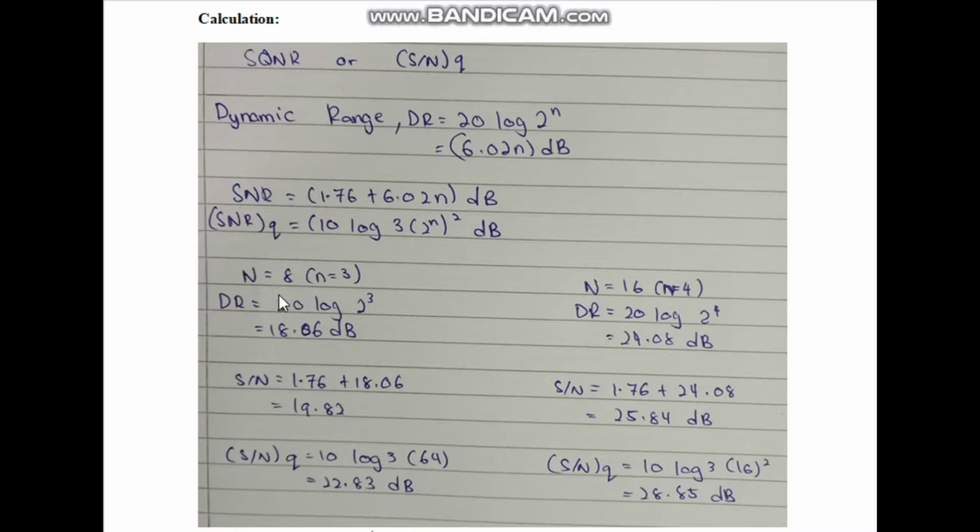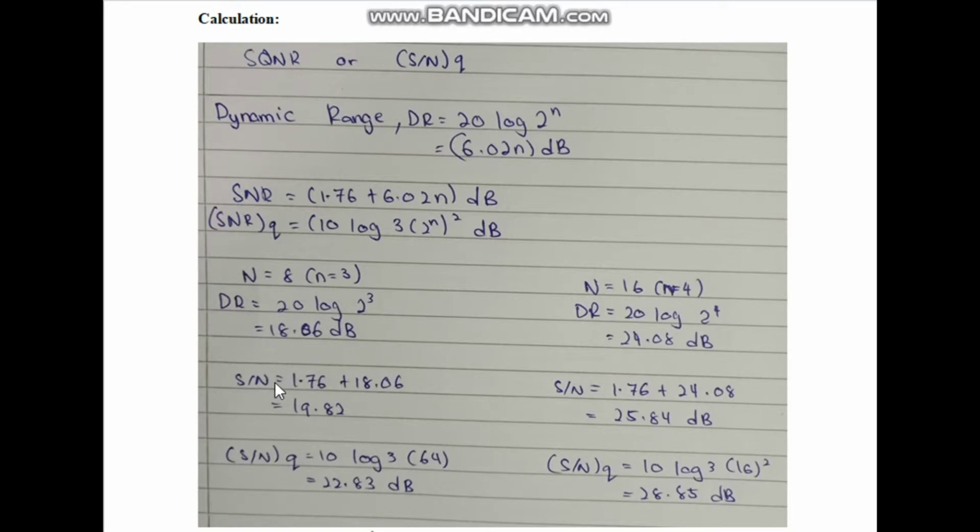First, for n equal to 8, the smallest n is 3. The dynamic range is 20 log 2 to the power of 3, and we get 18.06 dB.